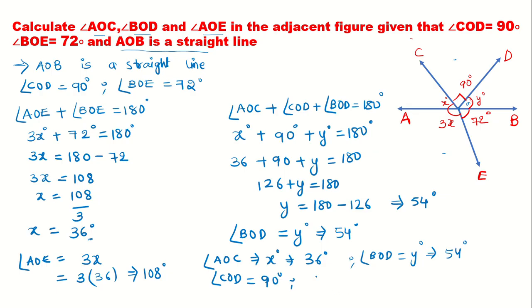Next, angle AOE, we found as 108 degrees. Next, the other angle we have is angle BOE, which is equals to 72 degrees. Okay. So, in this problem, a straight line divided angles in both parts. In the up part, we have 3 angles, and in the down part, we have 2 angles. Okay. So, we found out all the angles.